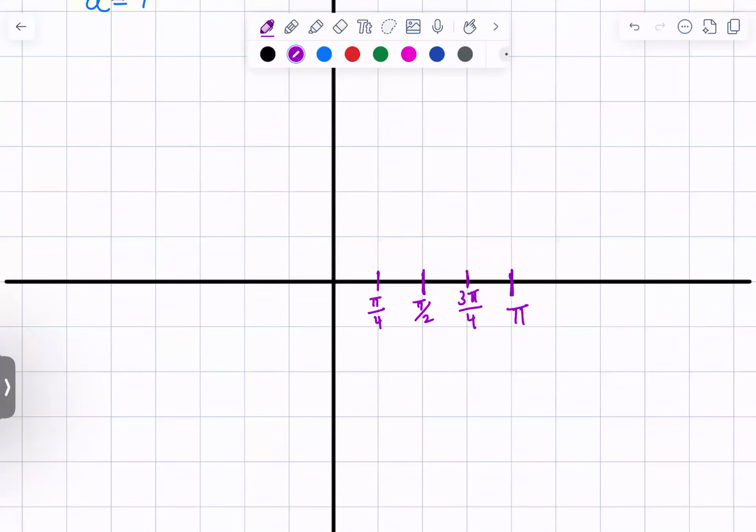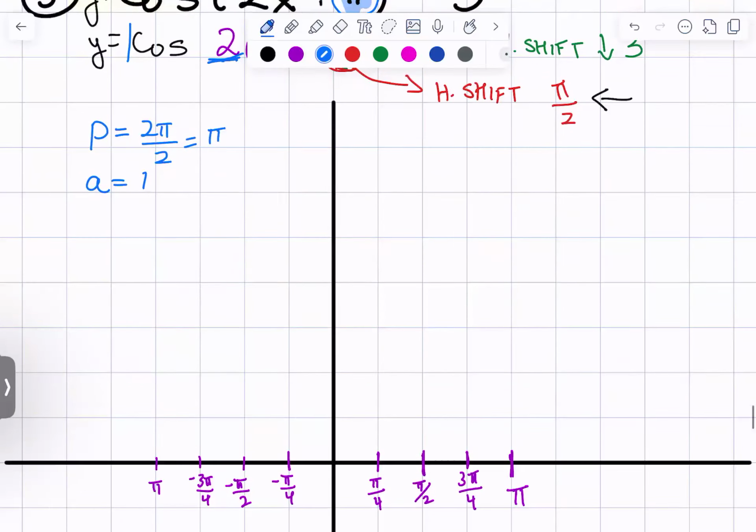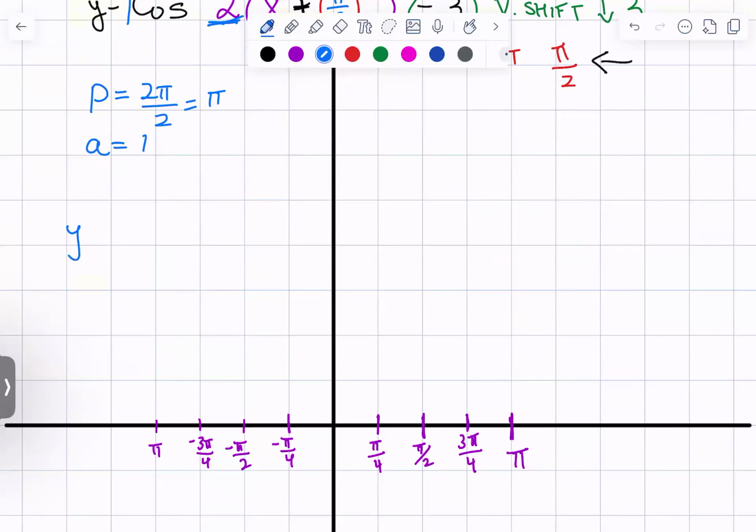And then if each unit is pi over 4, this is negative pi over 4. This would be negative pi over 2. This would be negative 3 pi over 4. And this would be negative pi. Now, the reason why I did this is because I'm going to first graph y equals cosine of 2x.